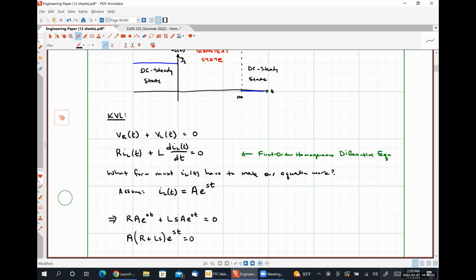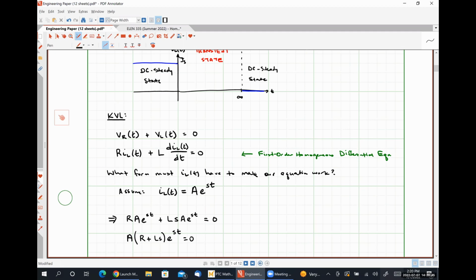And our goal now is to figure out, well, what makes this thing go to 0? Well, if A is 0, this equation goes to 0. That is a trivial solution. And effectively what it represents is the case where the inductor didn't have any energy stored in it to begin with. Okay. But we know that's not true.